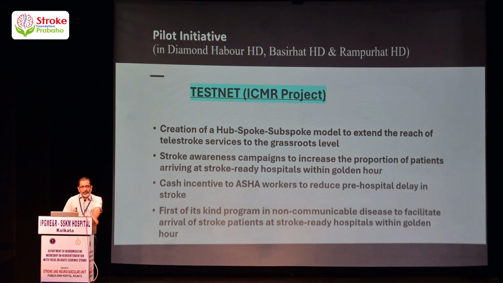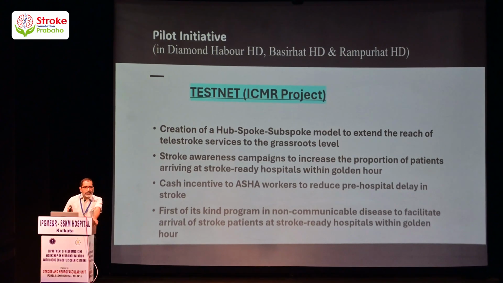In arm B, only telestroke service is available, but no intensive campaigning is being done. In arm C, there is no telestroke service at all and no campaigning is being done.